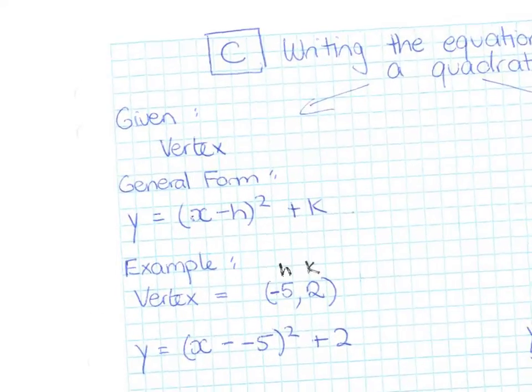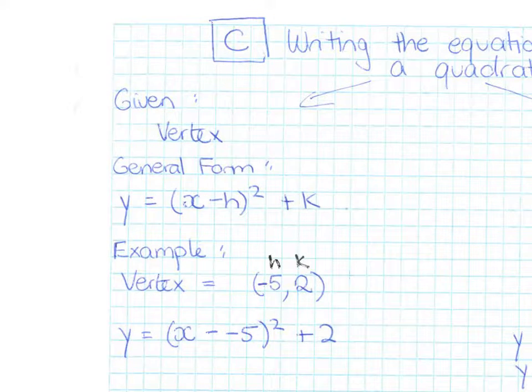If you have been given the vertex, and it will tell you, or you might have to read it off the graph. The vertex, remember, is the turning point. So if it's a graph that looks like that, it's going to be that bottom point right there. It's the turning point of the graph.